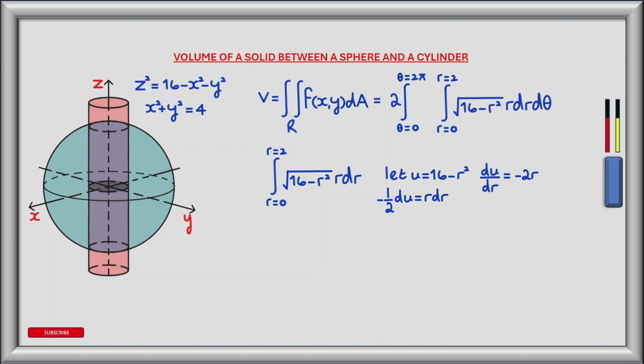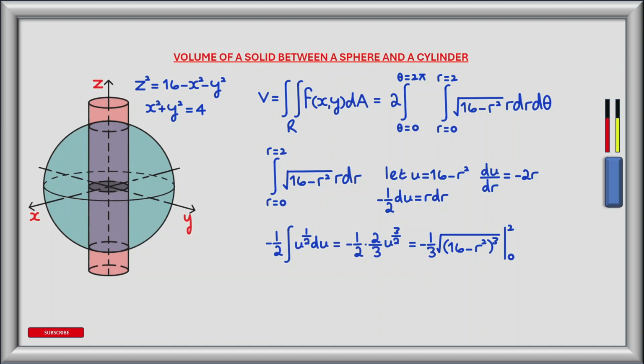Du by dr is equal to minus 2r, and minus 1/2 du is equal to r dr. So now making the substitution for 16 minus r squared and r dr, we have minus a half multiplied by the integral of u to the power of a half du. And using the power rule to evaluate this gives minus a half multiplied by 2/3 multiplied by u to the power of 3 over 2.